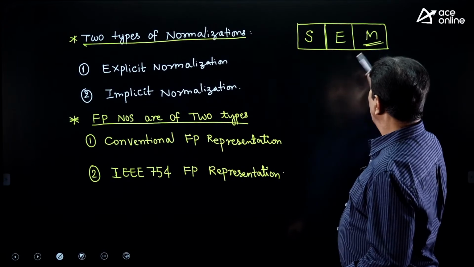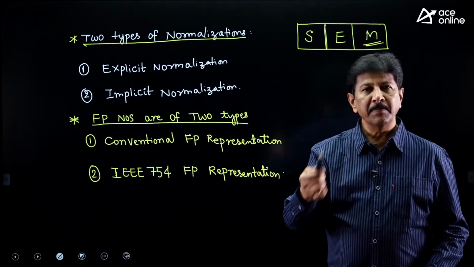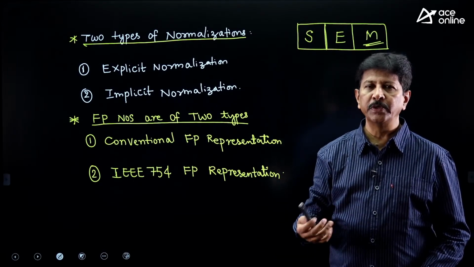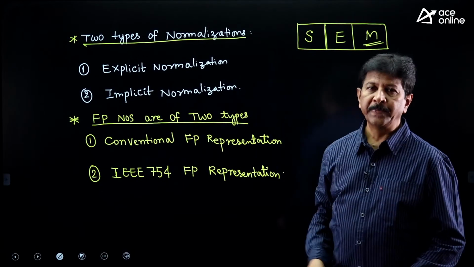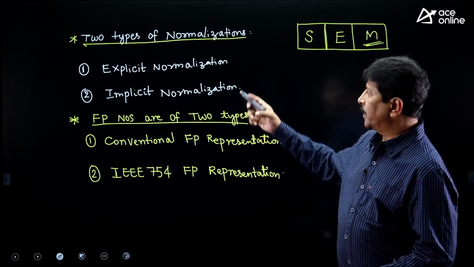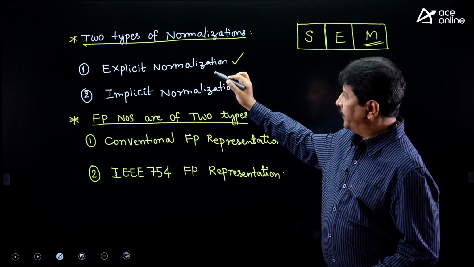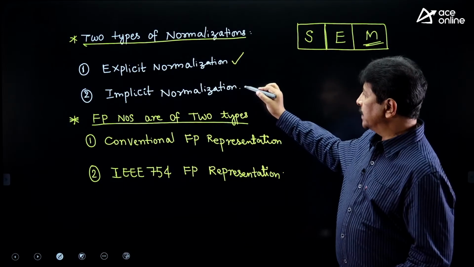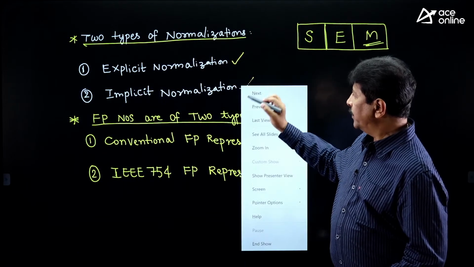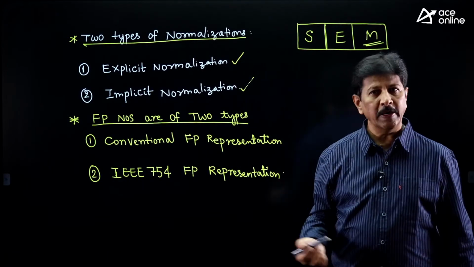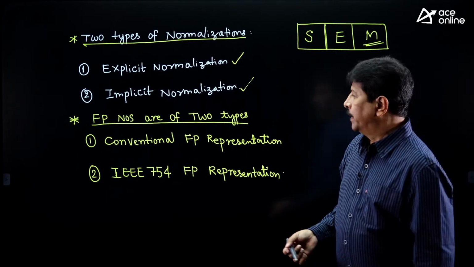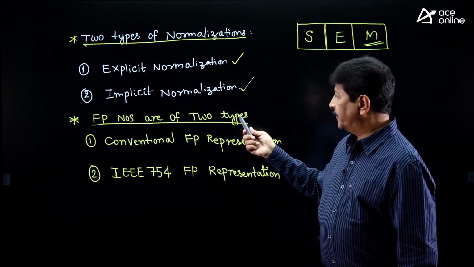Whatever number of bits are there in the mantissa, to utilize them effectively we use normalization. Fine? So we have two types of normalization. Some floating point numbers follow explicit normalization, and some follow implicit normalization.